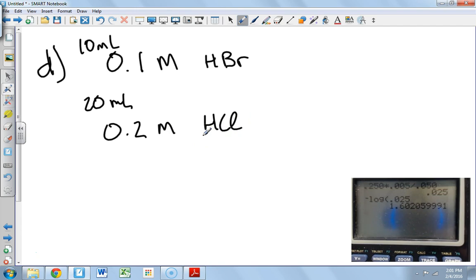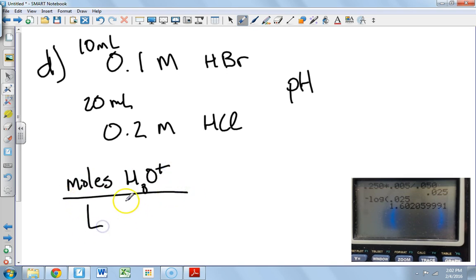Now we want to find out what the pH is. Well, this is actually one of my favorite types of problems. So what we're doing is we're adding two acids to find out what the new concentration of hydronium ion is. Okay, so this one's going to be a little bit different. In order to do this, we need to know how many moles of H3O plus there are per liters of the solution.